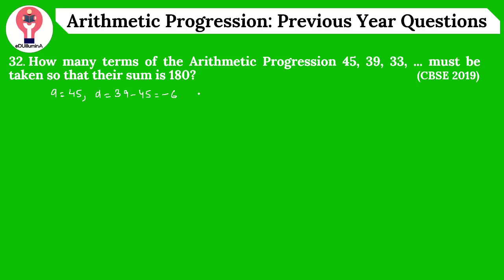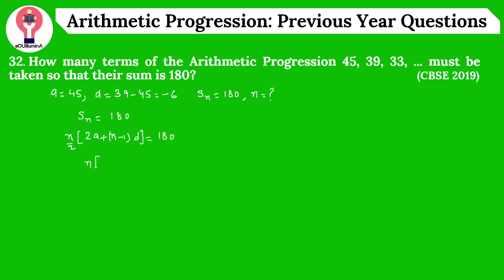So it means sum of terms is given, Sn is given 180. We have to find out n. Sn is equal to 180. Sn formula is n upon 2 into 2a plus (n minus 1) into d is equal to 180.